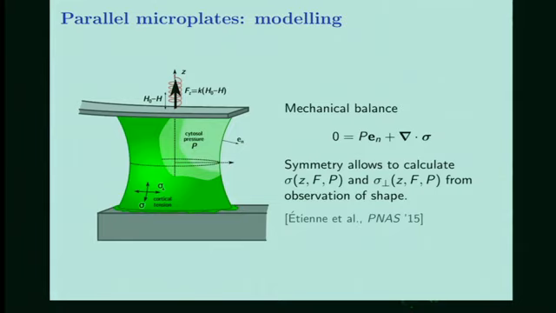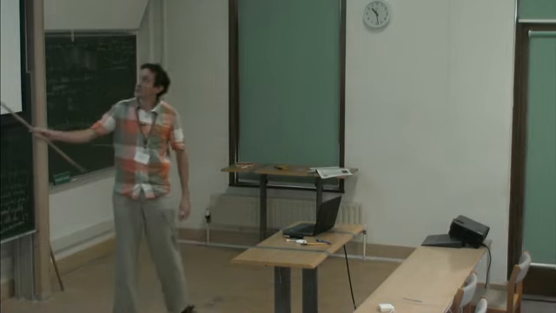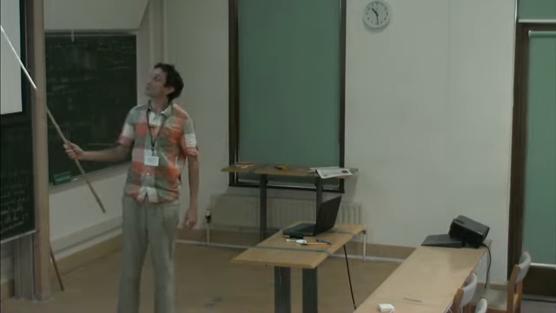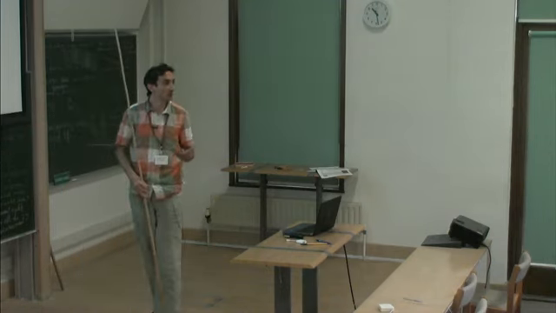Then you have this force balance on the surface. So sigma is the stress tensor along the surface, and can be akin to surface tension. And even without any other assumption than that, you can already get this tension of the cortex everywhere, simply thanks to the geometry of the object.